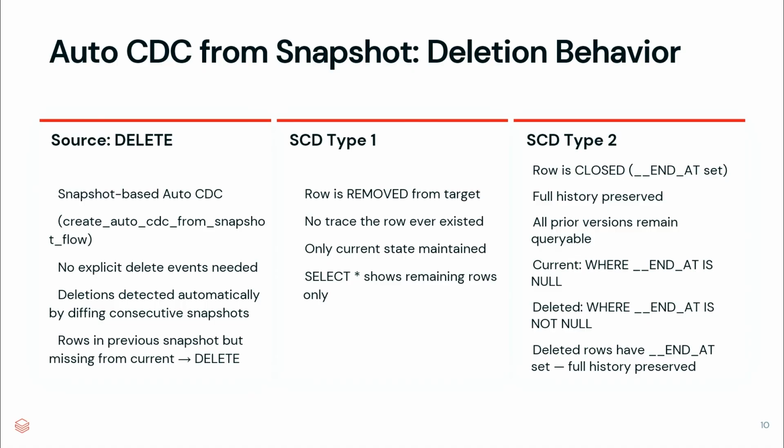It will then delete from your target based on whether you want slowly changing dimension 1, where it deletes it and the record doesn't exist anymore, or slowly changing dimension 2, where you mark when this record is deleted, so you have a full life cycle of that event. The behavior of SCD type 1 and SCD type 2 for deletion in streaming and batch context is the same. But how the deletion is detected and inferred, that's the difference.